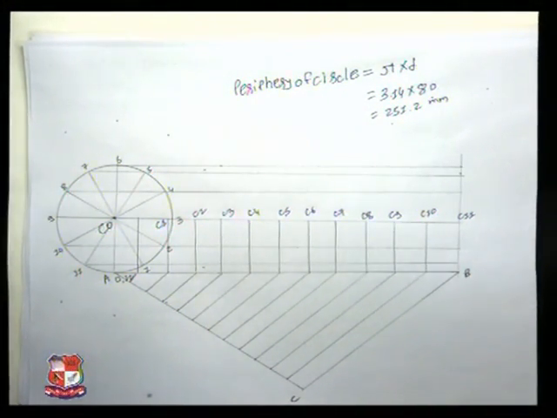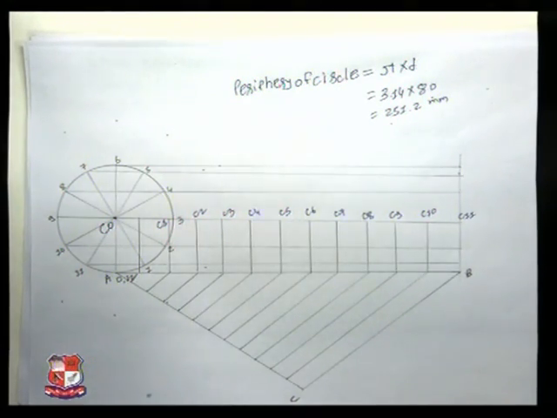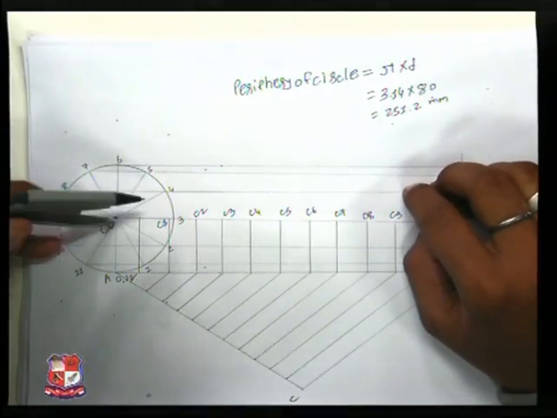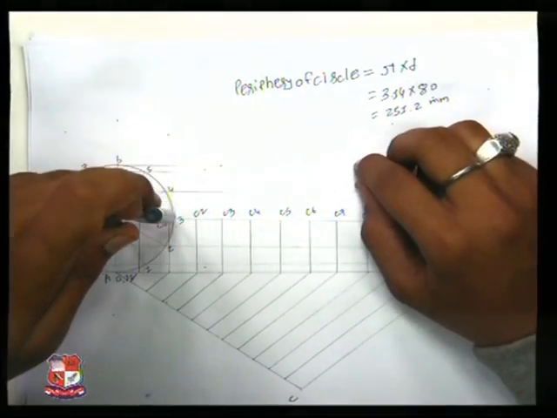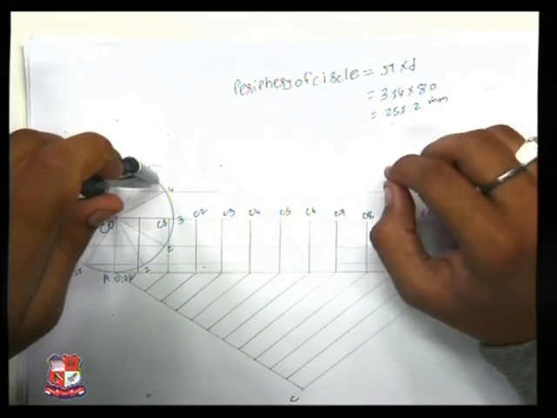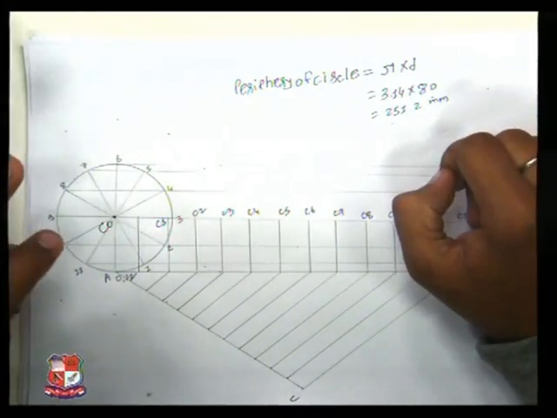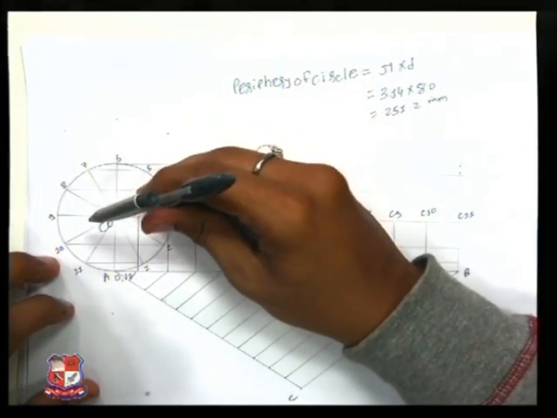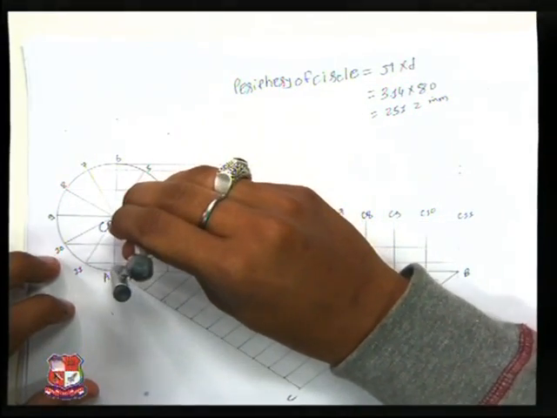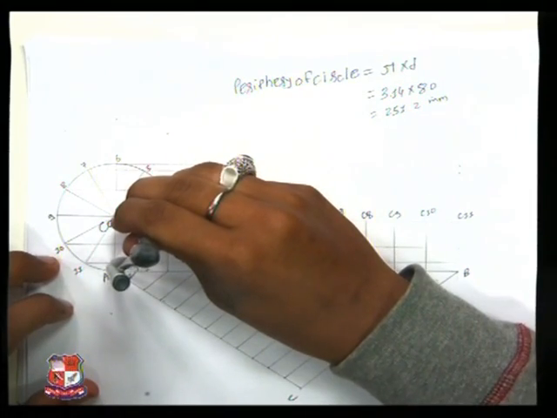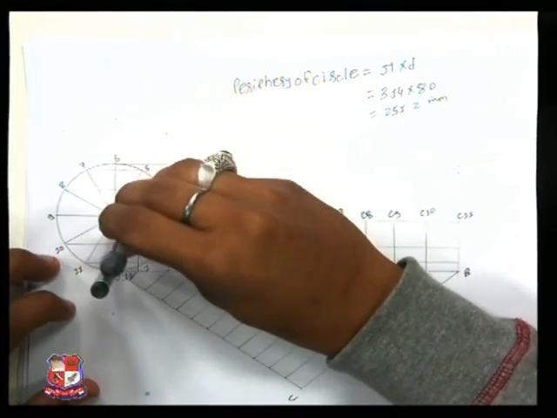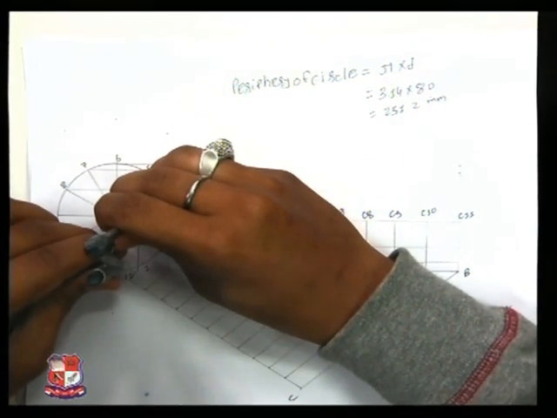Now the main portion comes. We need to draw the cycloid. First of all, let's again take the initial radius, that radius of 40 mm. Taking C1 as center, mark an arc on the first line.